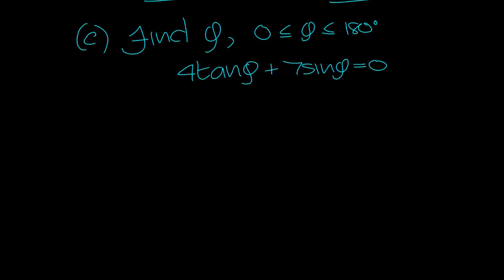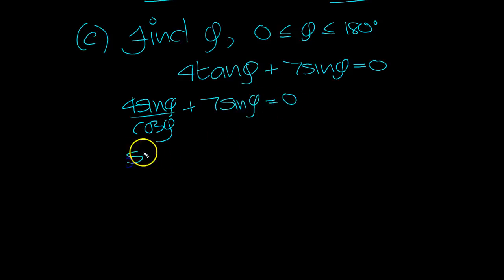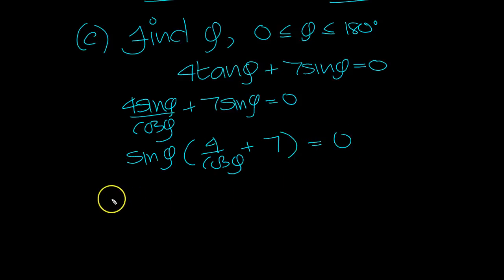Part C then. Find phi. So here we've got 4 sine phi over cosine phi, plus 7 sine phi equals 0. So take a sine phi outside, we get 4 over cosine phi, plus 7 equals 0.